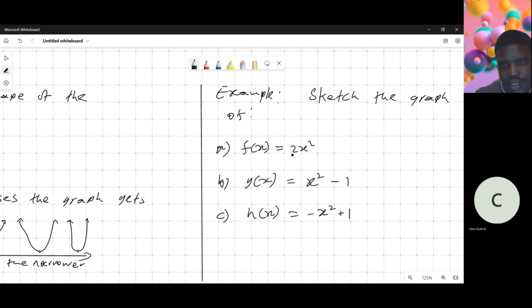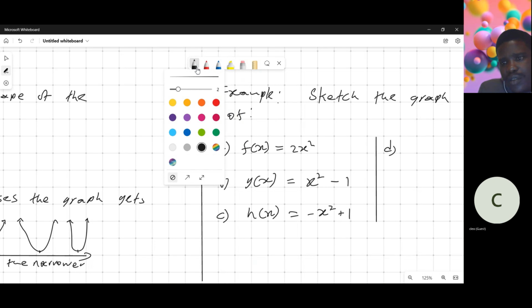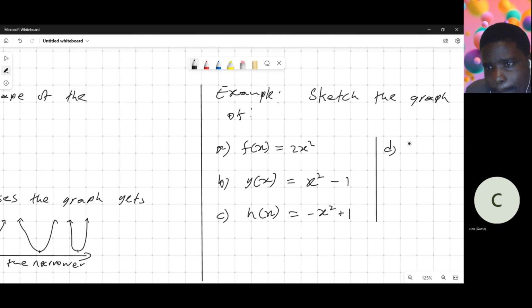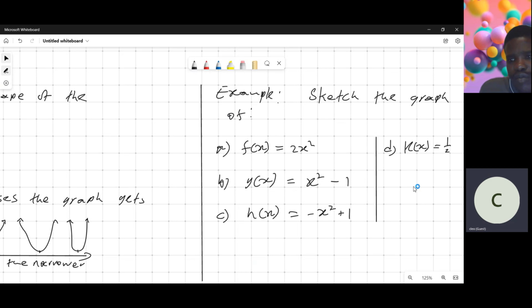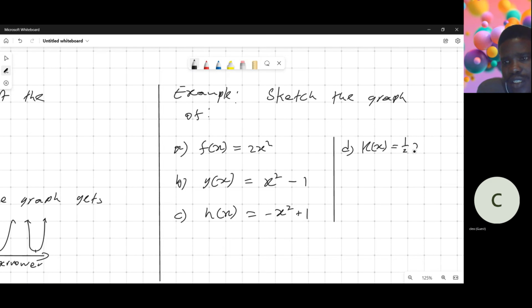Let's look at these three. Maybe we can have also number D. We're going to draw all these graphs on the same set of axes. In number D, let's have more or less the same thing, but k of x is equals to 1 over 2 x squared.